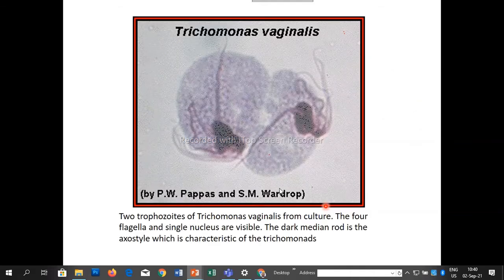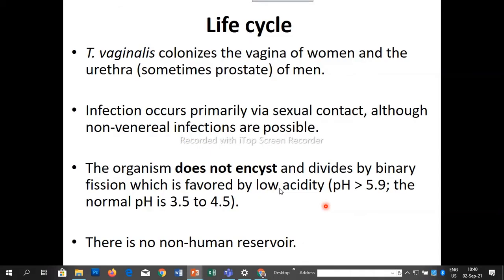Trichomonas vaginalis life cycle. Trichomonas vaginalis colonizes the vagina of women and the urethra, sometimes prostate of a man. Infection occurs primarily via sexual contact, but non-venereal infections are somehow possible, but not really common.